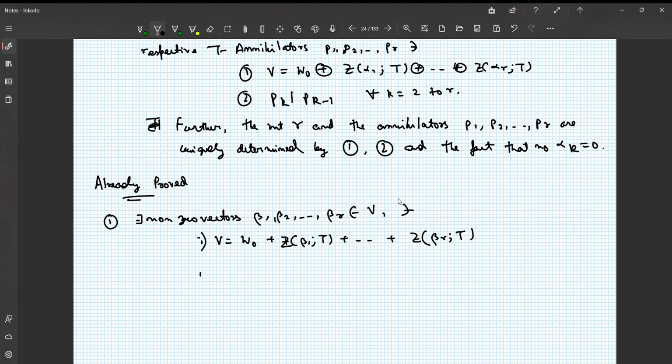So this was the substatement, and another substatement was that if we have an index k within the range 1 to r, then we have the structure of the subspace Wk.